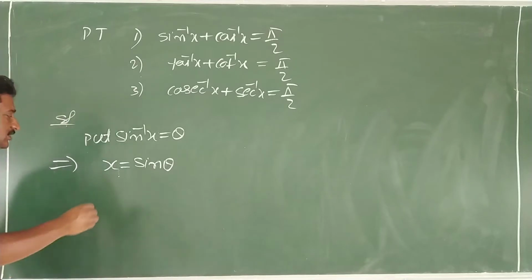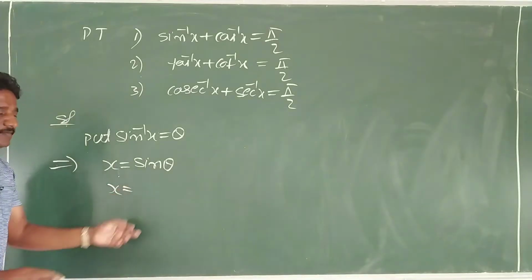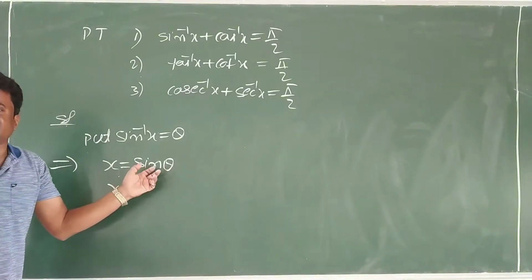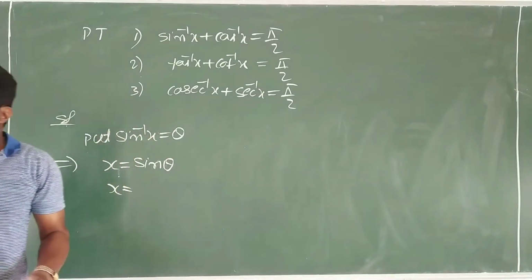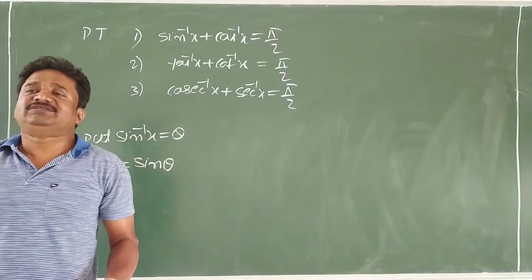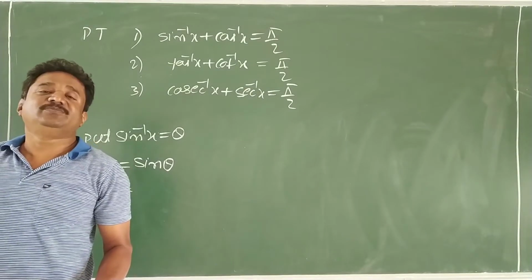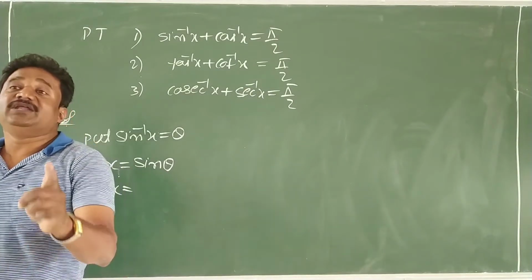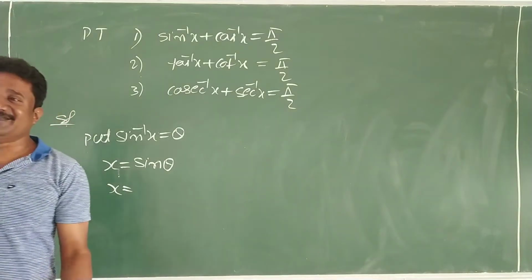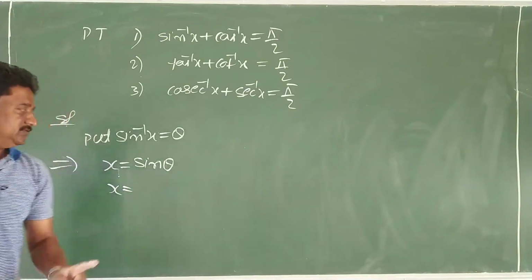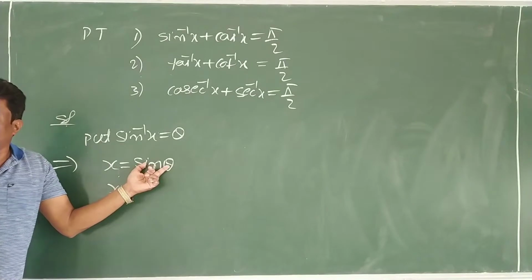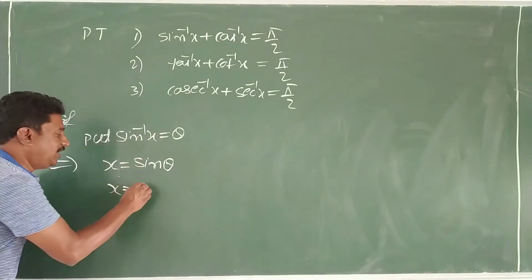Look at this, students. x equals sin theta, change sin into cos. I told you that already. Whenever a change is required, consume 90. Do you remember, students? 90 minus theta, consume 90. So you change sin into cos.